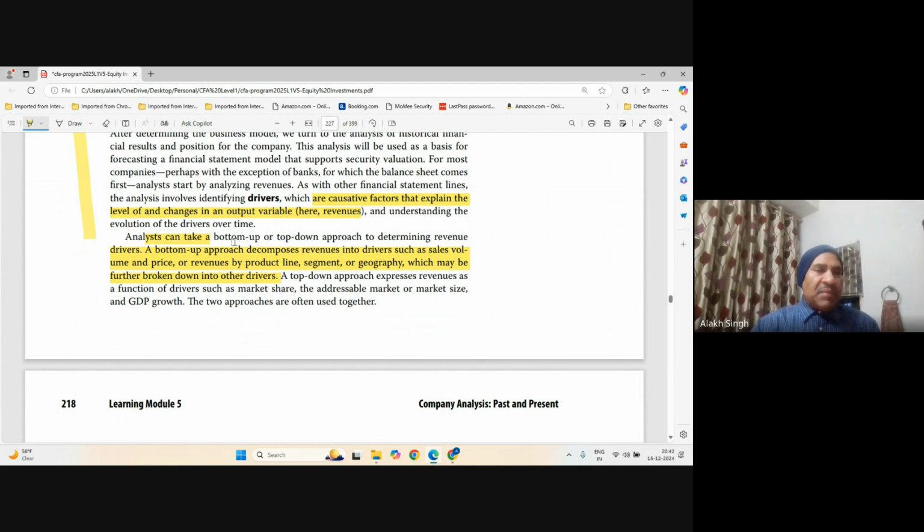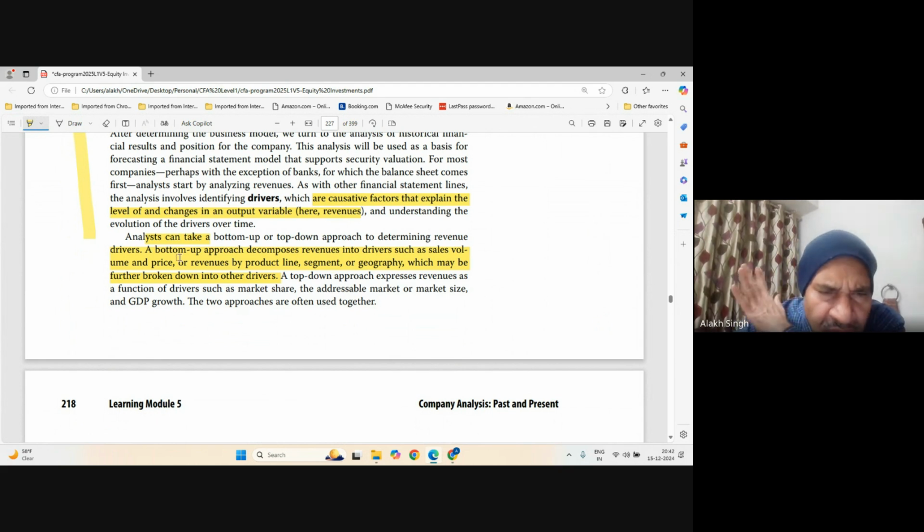If they do not match, then give the average value of the two. From bottom up, the revenue comes out to be 1 million, and from top down it comes out to be 1.2 million. So give your best estimate as 1.1 million expected revenue. So that's how you will do that.